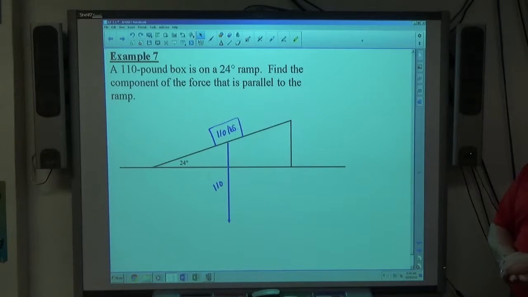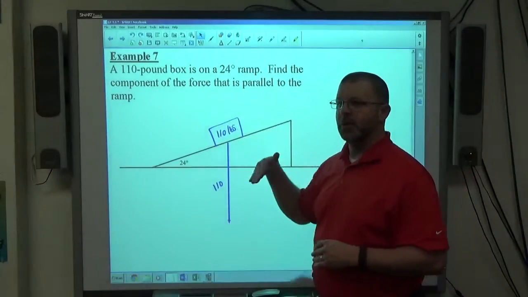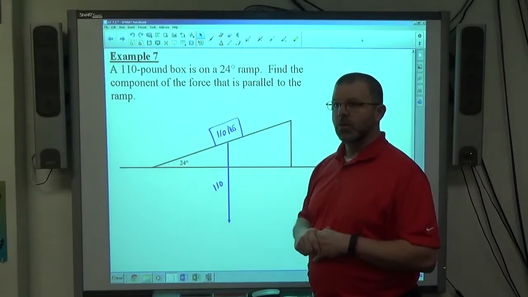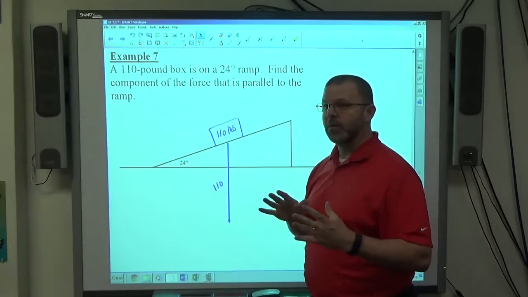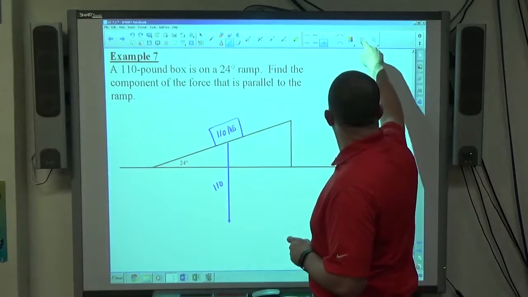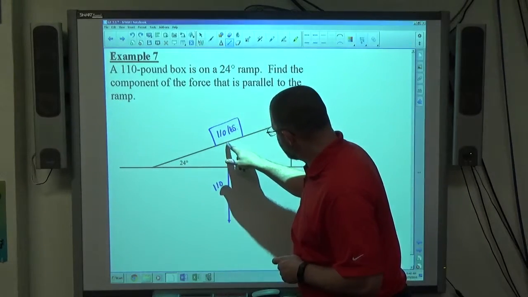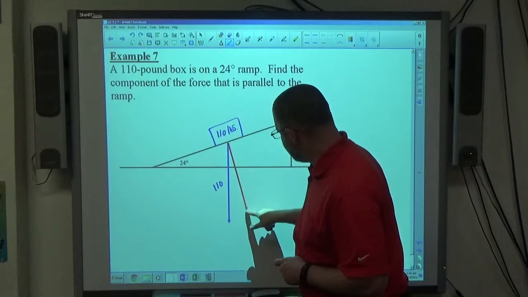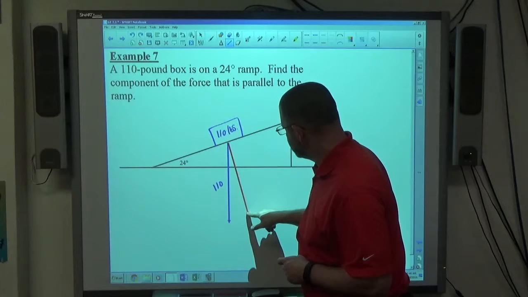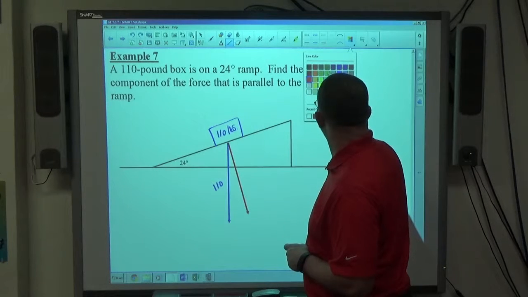All right. The two component forces that are going into that are the one that's perpendicular to the ramp and the one that's parallel to the ramp. Those are the two component forces that we get when we're dealing with ramps. And if we consider those two forces, one is perpendicular to the ramp itself, and the other one is parallel to the ramp.